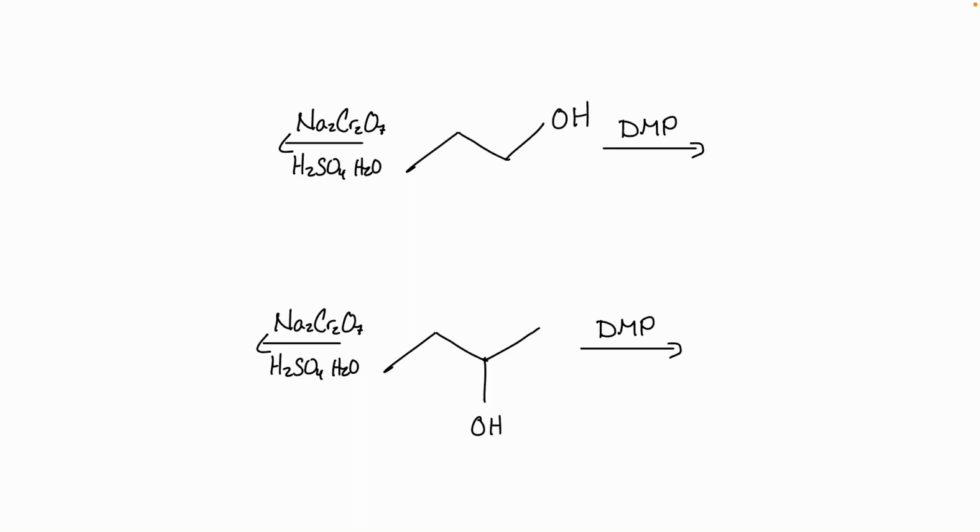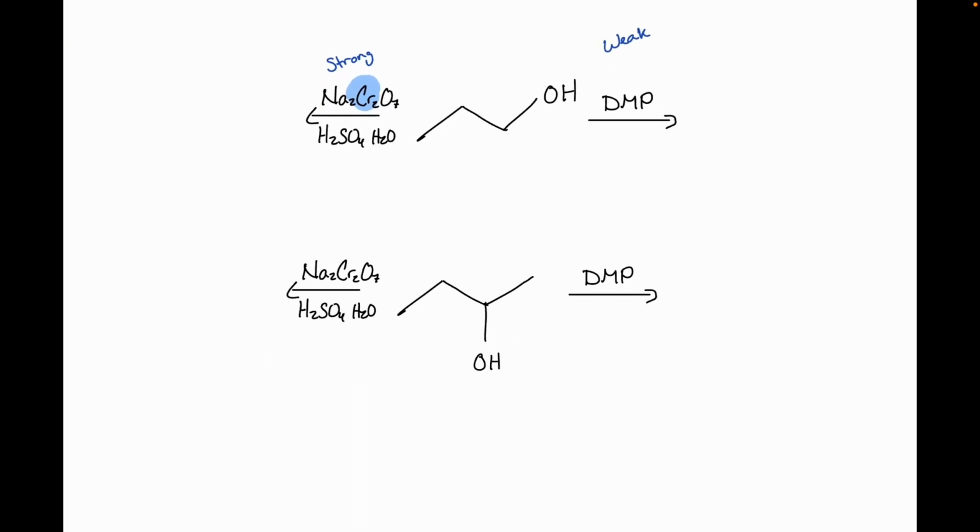All right, so which one of these is our weak oxidizer? The DMP, right? This one we classified as weak. The other one we classified as strong. This chromium right here should be the indication that we're talking about a strong oxidizer. We've defaulted to this sodium dichromate, but there are a few other ones out there.